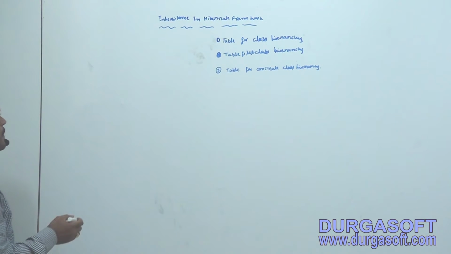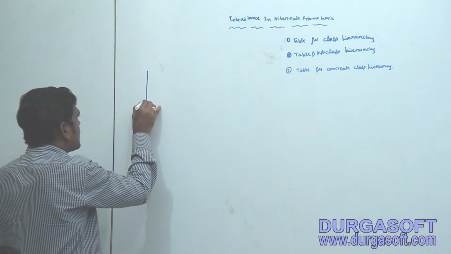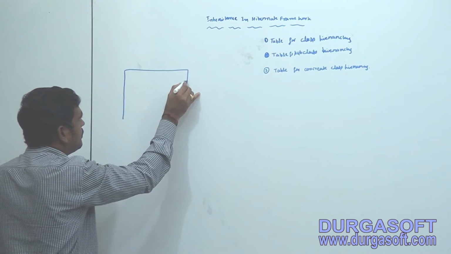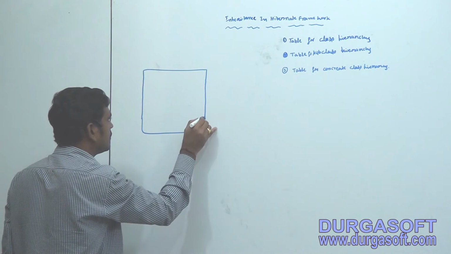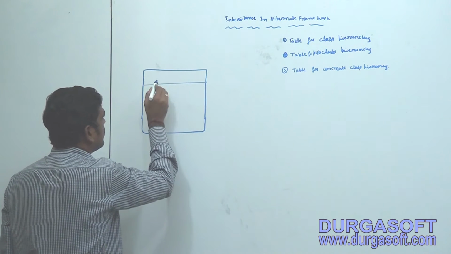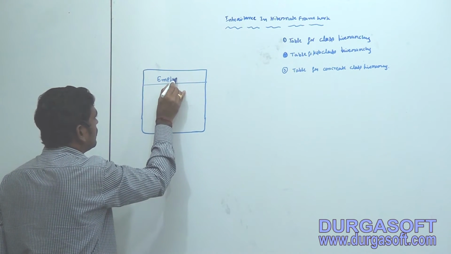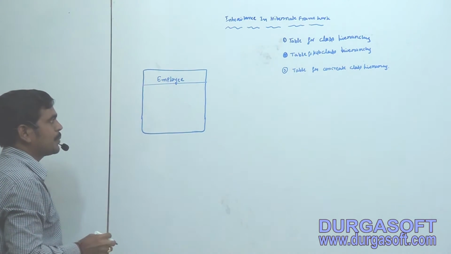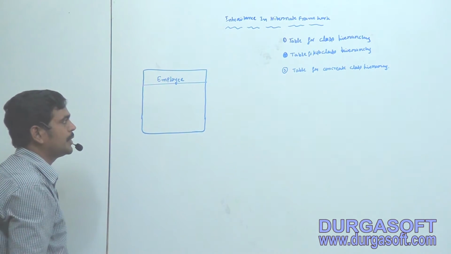For example, here I have taken the employee class. Employee is the superclass, and this employee has two fields.